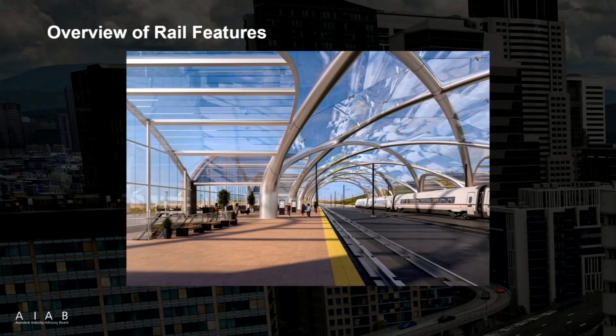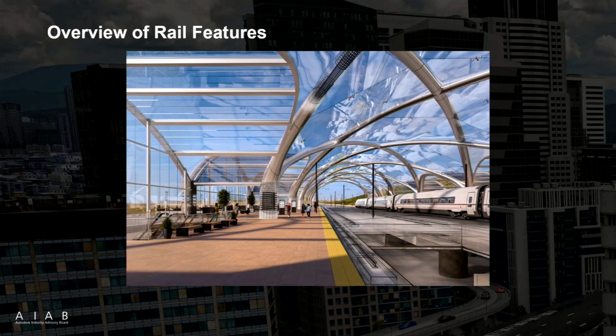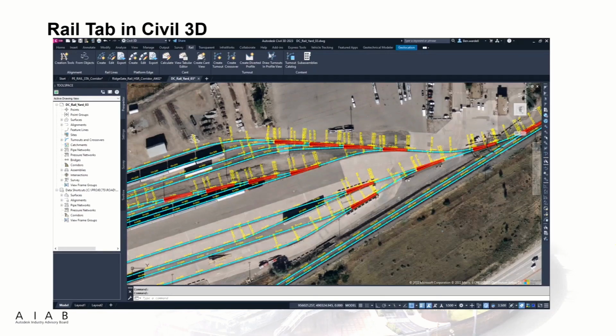So to begin with, we want to look at some of the features that have been added specifically with rail designers in mind and how those features really make the process of designing rail corridors and rail alignments much more efficient. Autodesk was really focused on showing this emphasis on rail and rail design.